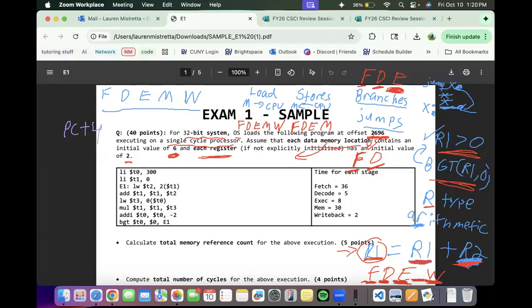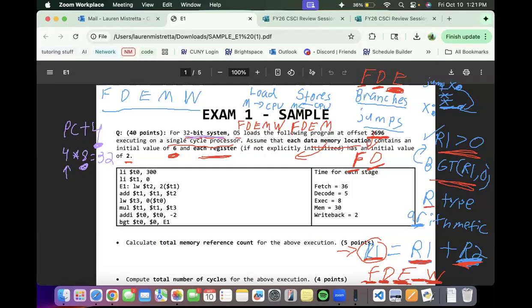The reason for this is because this is saying go 4 bytes ahead, not bits. So remember, there's 8 bits in every byte. So if I have 4 bytes times 8 bits, I get 32. Well, look at that, a 32-bit system. So that means by doing the number of bits divided by 8, I can get how much the program counter must increase each time.